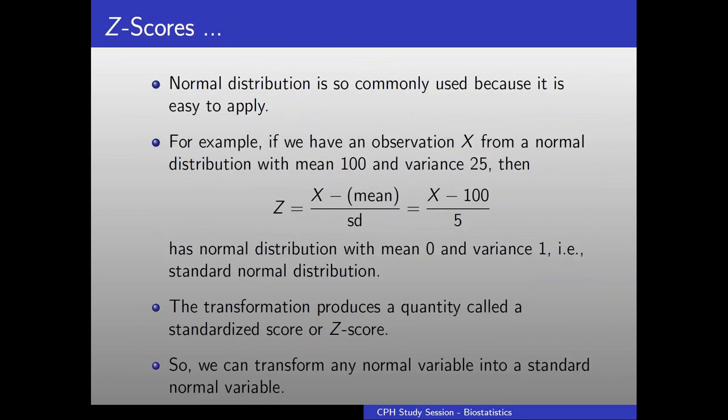So, z-score. A z-score has a couple of different uses, but technically speaking, you take your observation, which came from a normal distribution, subtract the mean and divide by the standard deviation. That produces another normal distribution with mean 0 and variance 1. The reason that's useful is that once you standardize it, the quantity is unit-free.